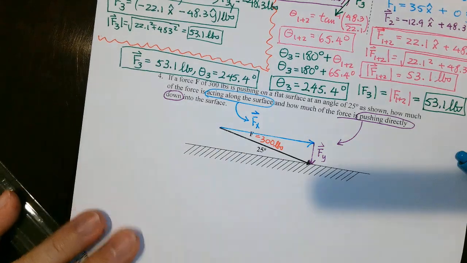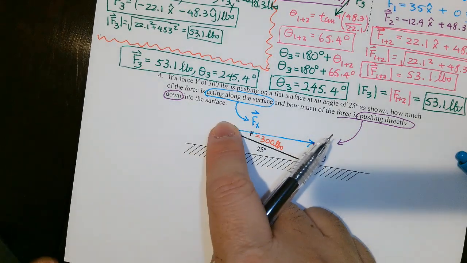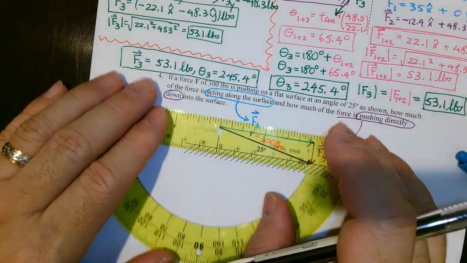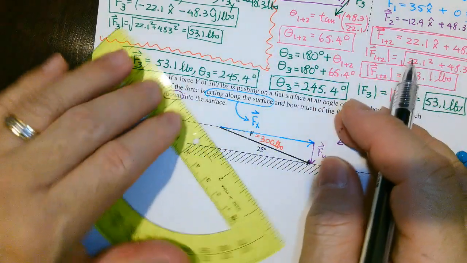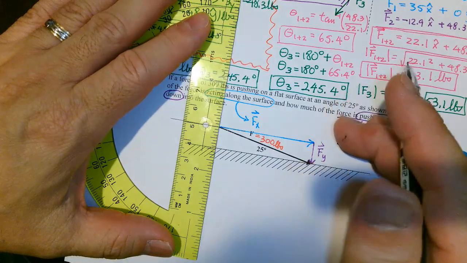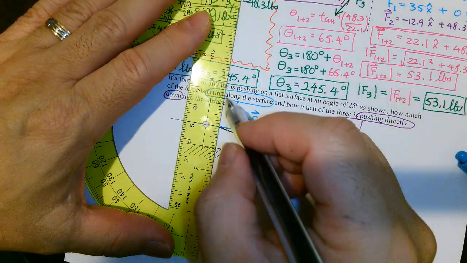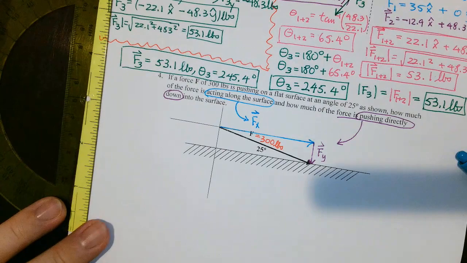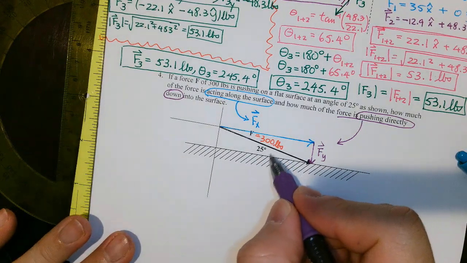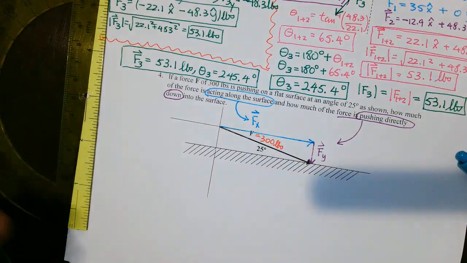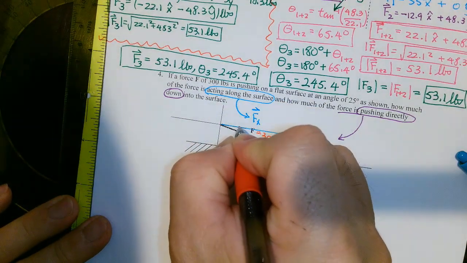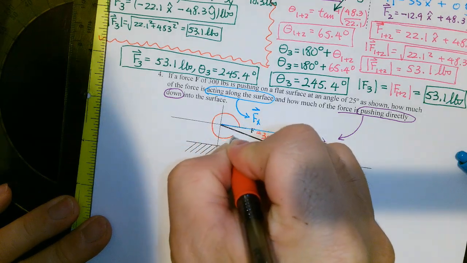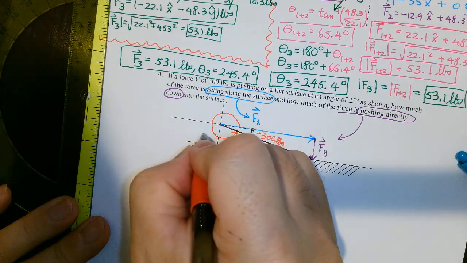And if this were the origin, then I guess this would be the origin. Then since this is 25 degrees right here, this from here all the way around is my angle theta.